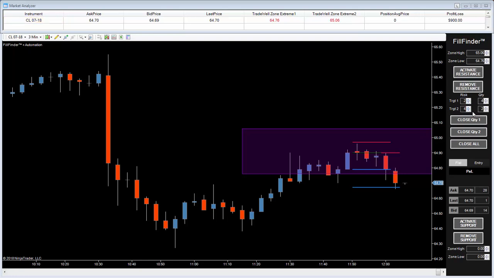Then just select the size of your target based on the multiple of the risk. If you want your target to be 2 times your initial risk, just put in a multiple of 2. Then you can select your quantities, whatever suits your account, your risk tolerance, your goals, and so on. You're then able to let the market, by way of order flow activity and analysis, validate the zone in real time.